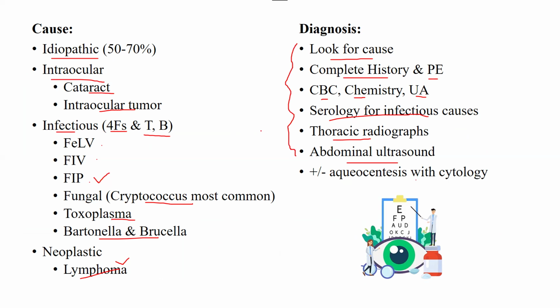But you should remember one thing: even after you perform all of these, you might not come to any conclusion, because 50 to 70% of anterior uveitis cases are idiopathic. So you might perform CBC, it's okay, chemistry, that is fine, urinalysis, no issues, no infections, no tumors. You might not end up with any conclusion from these tests. So those cases are going to be idiopathic, and that's a major cause of anterior uveitis.